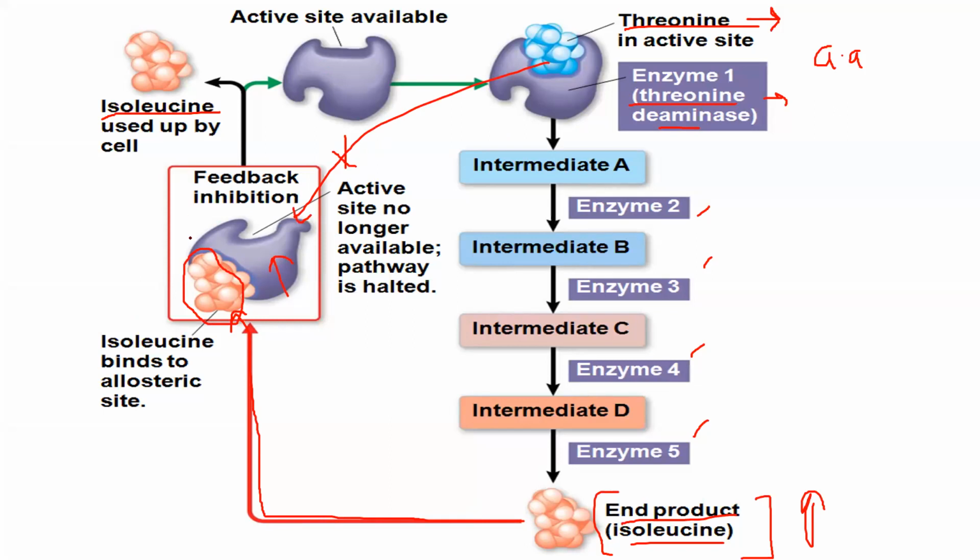Okay. So this is to allow the isoleucine to be used by the cell first. Okay, so once the concentration of isoleucine has reduced, then isoleucine will be removed from the enzyme, and the enzyme can catalyze the reaction again, okay, to produce more isoleucine for the cell.